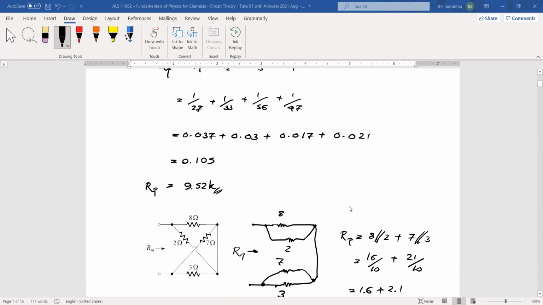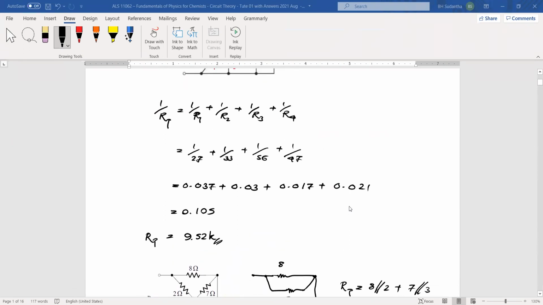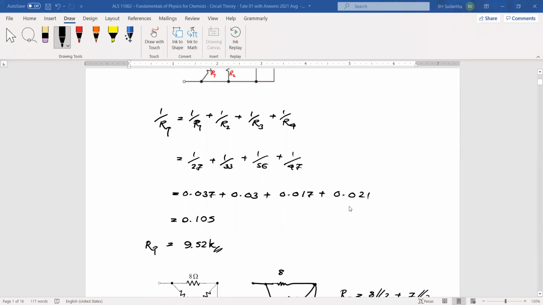Sir, there when we take the multiple, is it 9.52? Which one? This one? First one, yes.